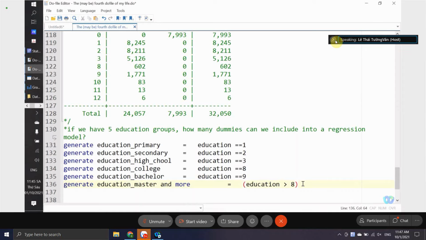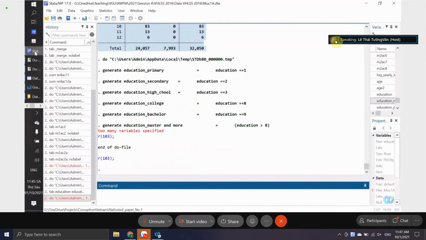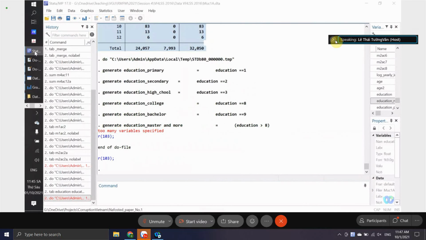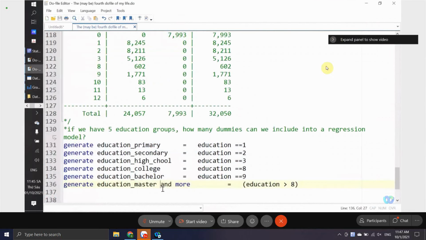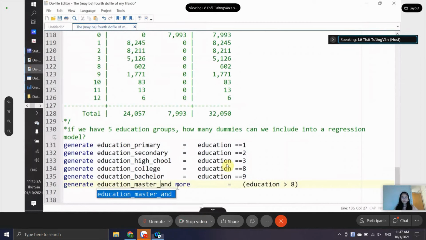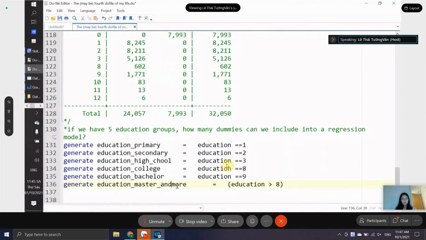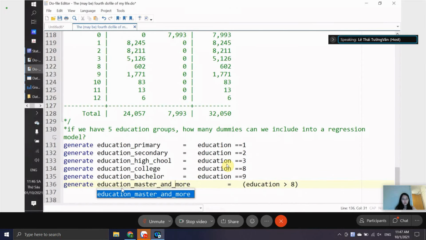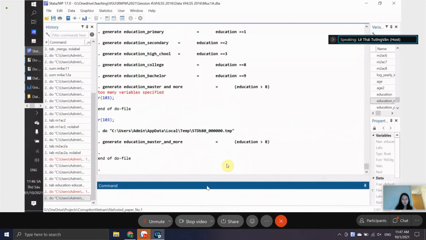Okay, so let's say I create 1, 2, 3, 4, 5, 6 additional variables, and I will run them. Master and more must be with an underscore. So the variables must be, you cannot have a space in the variable name. Okay. Now I want to order all of them.